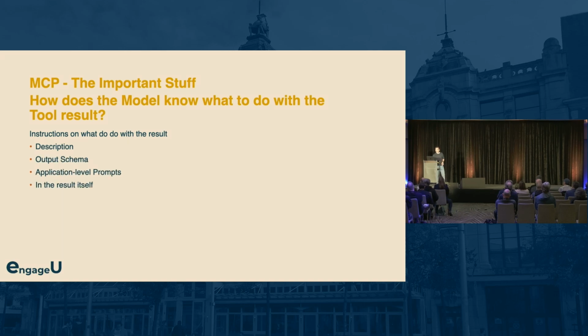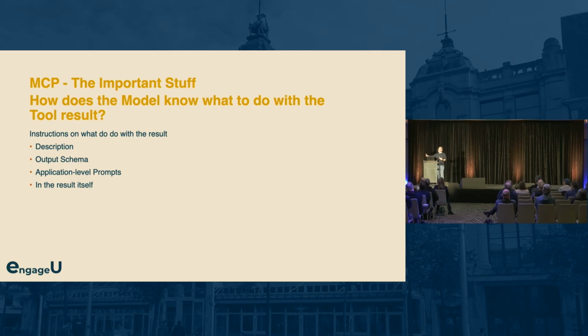So that too is something that you'll have to describe, and there's a couple of different ways that you can do that. In the description, I'll show you an example in a bit. Some MCP servers also have a place where you can explicitly describe an output schema, because we've already talked about the input schema, the parameters that you want to pass into your tool.